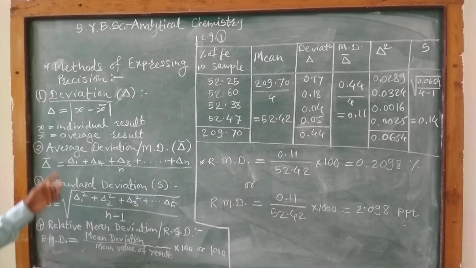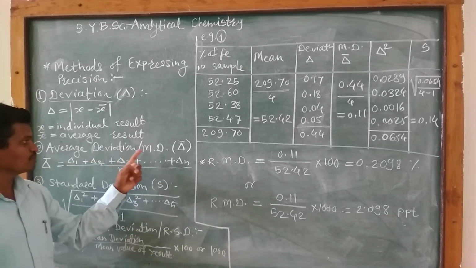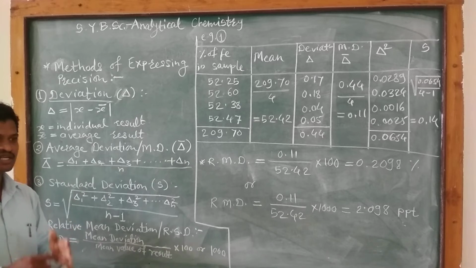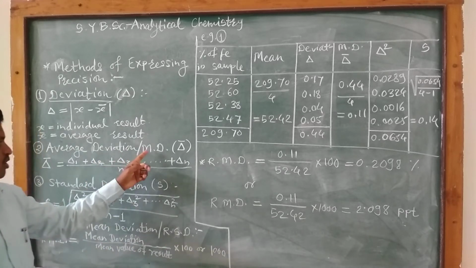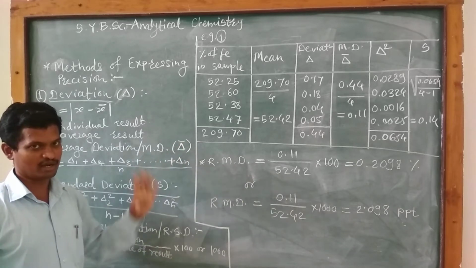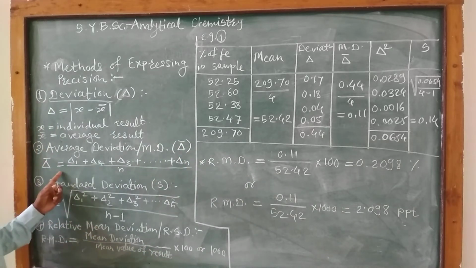The second one is average deviation, also called mean deviation. We know that average and mean are similar words. It is denoted by the symbol delta bar or del bar.